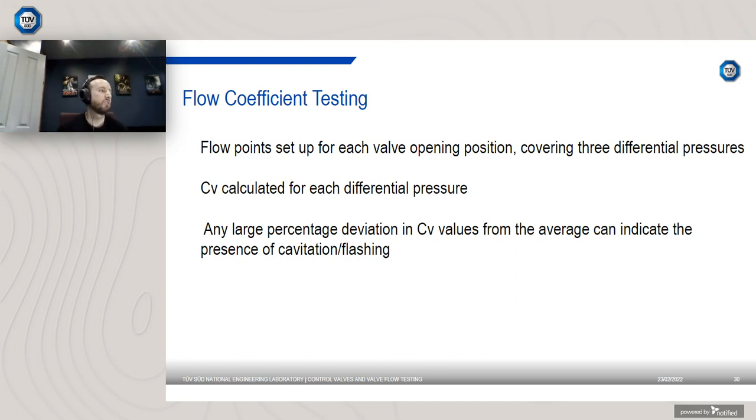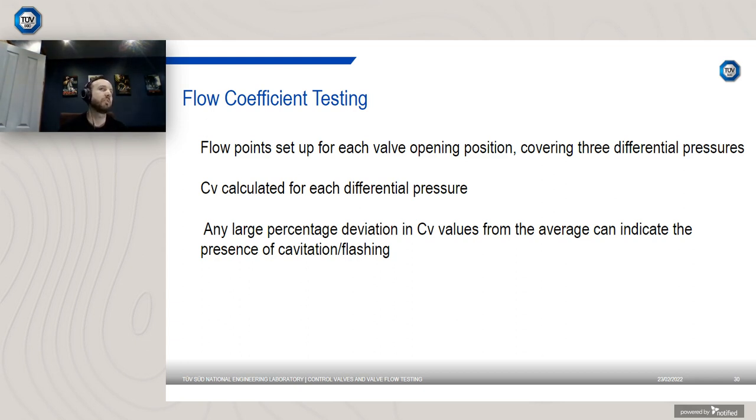Once you've set up your valve properly, you then commence the flow test and establish the CV. The way we do it at NEL, we set up flow points for each valve opening position covering 3 different differential pressures. The reason we do 3 is that for each of these differential pressures, if you calculate a CV, it should roughly be the same.